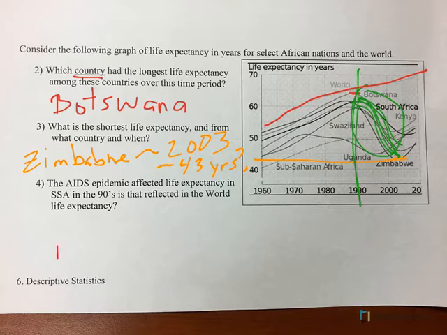I mean, you can argue this however you want, and you might say it kind of flattened out a little bit, but not even really that. You can see it continues on a gradual increase. So even though Sub-Saharan Africa had this huge dip in life expectancy from 90 to 2000, there really wasn't an effect on the overall world life expectancy. And that's it.